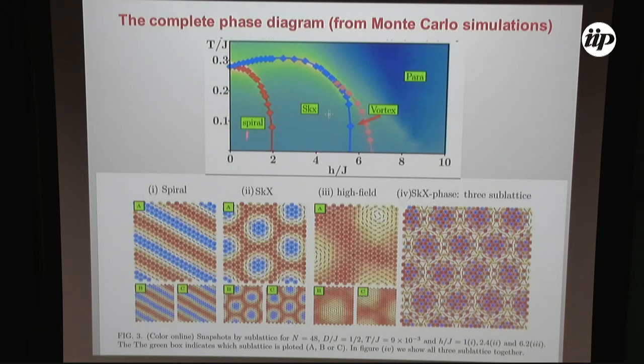At first, when the magnetic field is small, you get a spiral. But you get a funny spiral because this is a triangular lattice, tripartite, and if you look per sublattice, each sublattice is a spiral, okay? Then if you go up in magnetic field, you get this phase here on the very right. But if you look at it per sublattice, it is what I have shown you before.